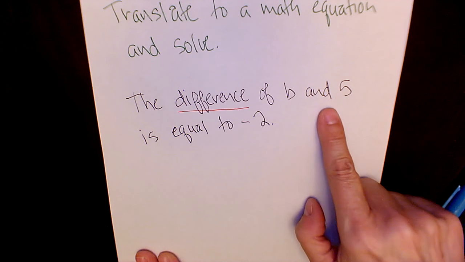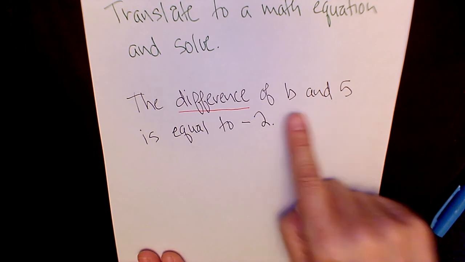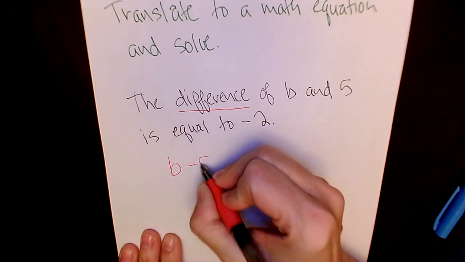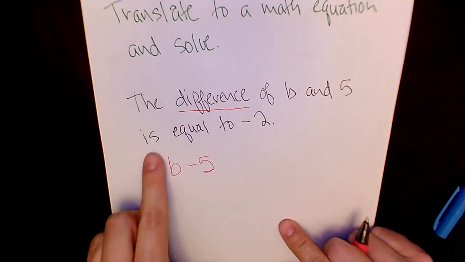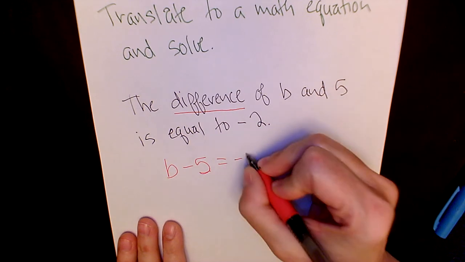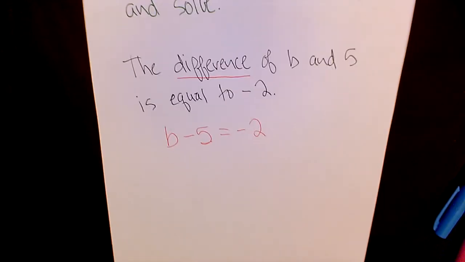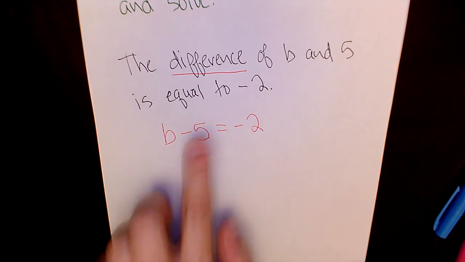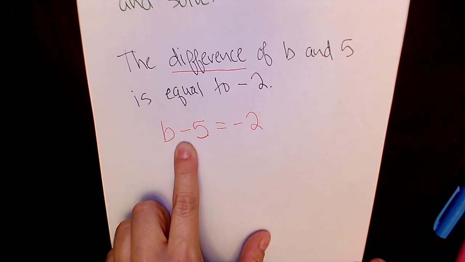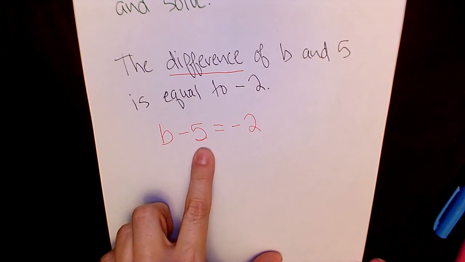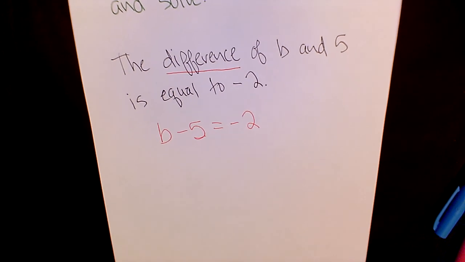So the difference of B and 5, I'm just going to write B minus 5 is equal to -2. So this is in English, this is translated to math. So the difference is minus or subtract, left to right. So some number minus 5 is -2.